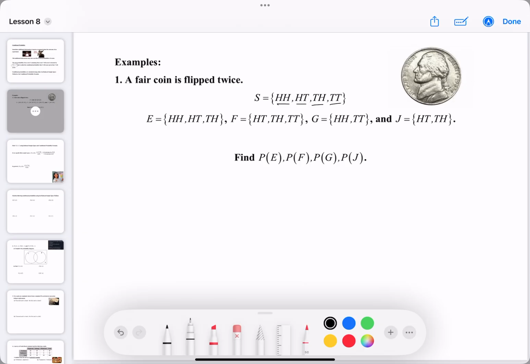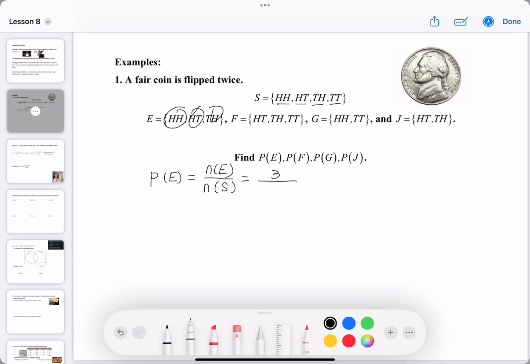Let's find what is P of E. We have learned P of E equals N of E divided by N of the sample space. We have learned this before. E has how many elements? We have 3, so let's put 3 on the top.